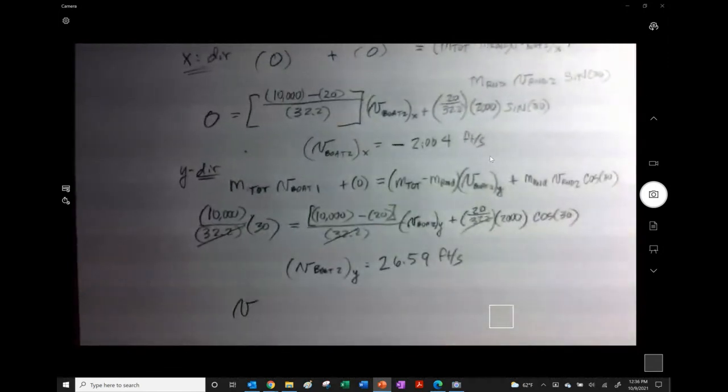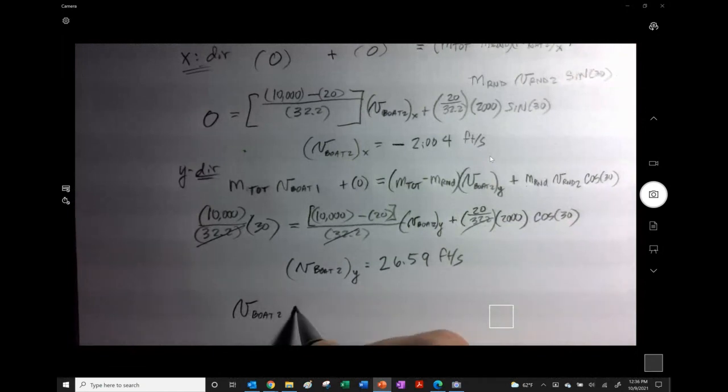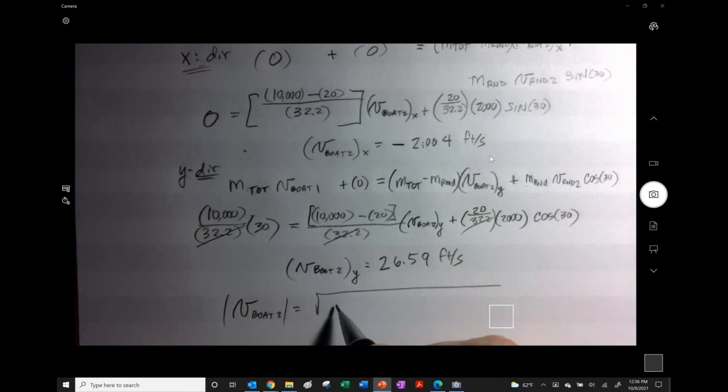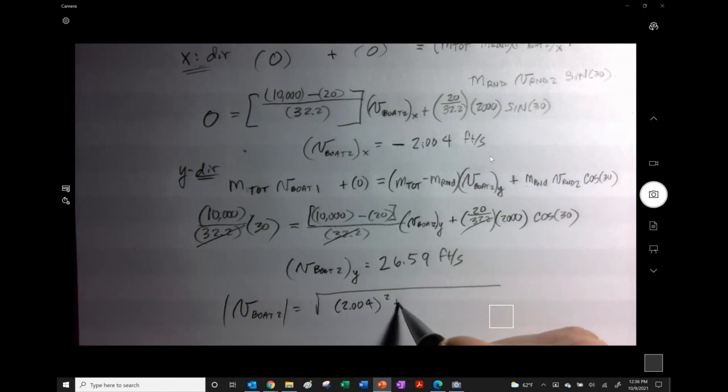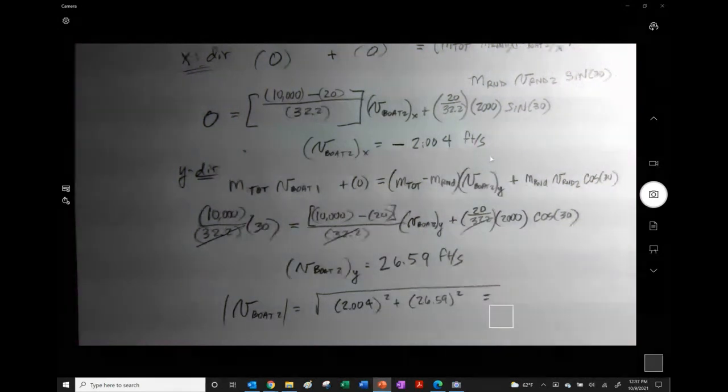So now we have the velocity of the boat. We want the magnitude of it, and so we're going to get 2.004 squared plus our 26.59 squared, and it's such a small thing, it's going to come out to nearly 26.6 anyway.